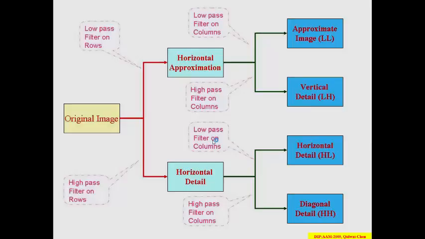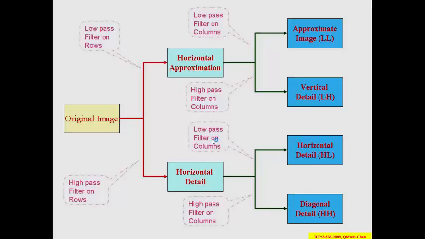If I look at the approximation image that appears at the top right corner of our slide, we find that this image has passed through the low-pass filter with respect to the rows, followed by a low-pass filter with respect to the columns. This is called the approximation of the whole image, which means the high frequencies in this component have been suppressed.